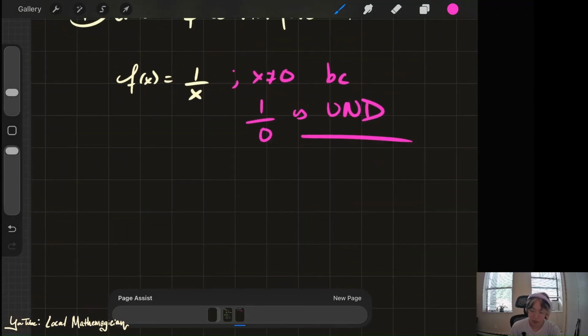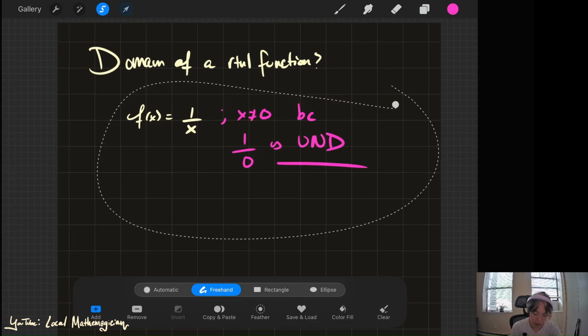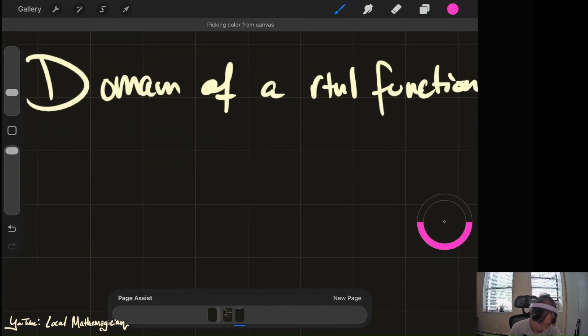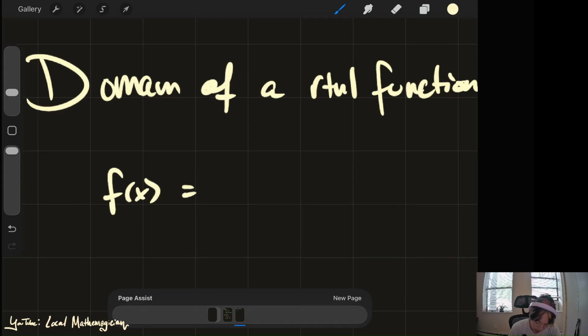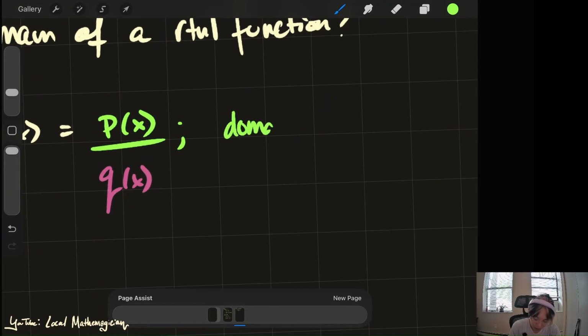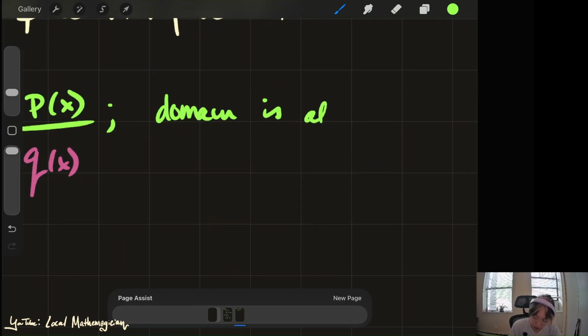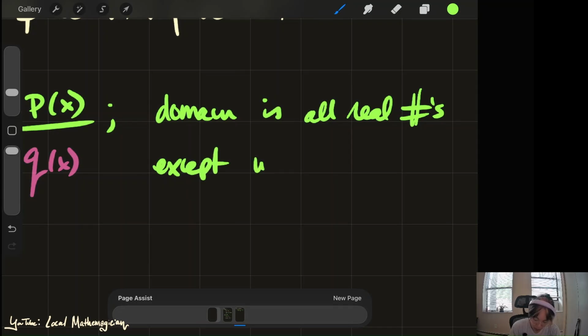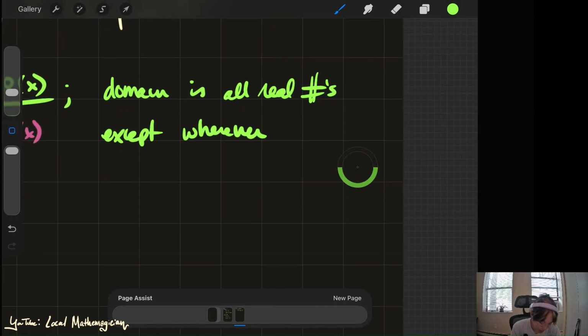Which means for rational functions in general, you do not want the denominator to equal 0. So if we bring it back to our general rational function, f of x equals p of x over q of x, the domain is all real numbers except wherever q of x equals 0.